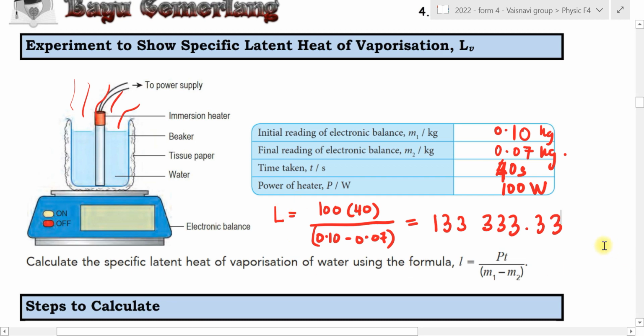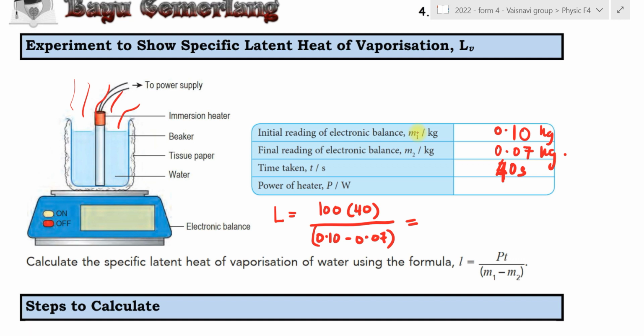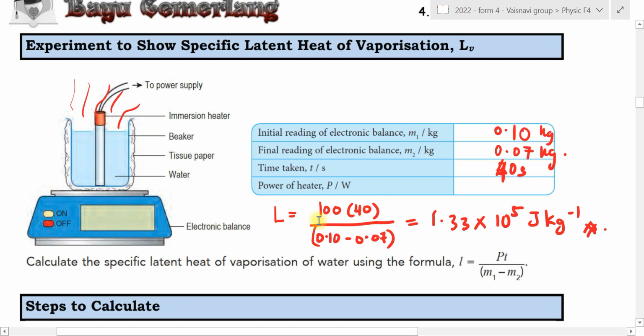Kalau macam ni, it is best to represent your answer in what? Standard form. 1.33 times 10 power 5 joule per kg. Contoh lah. Ini contoh dia.